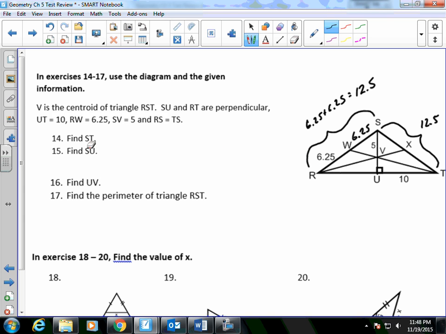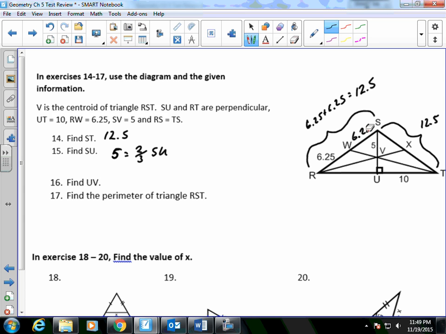And so then SU, from S to U. One thing we know is since this is a centroid at point V, the distance from a vertex to the centroid is 2/3 of the total length of the entire segment. So that 5 should equal 2/3 of the entire segment SU.